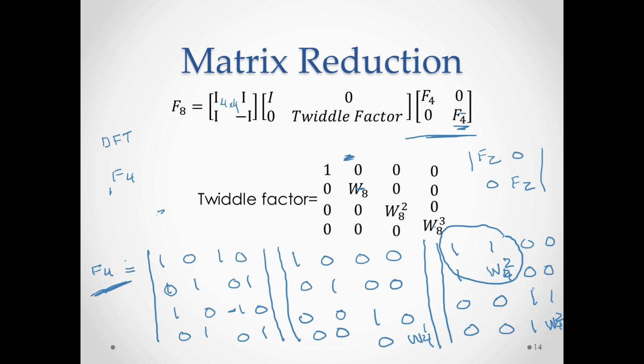Most of our multiplication over here is with 1 and 0. The only terms that introduce some complexity are the W8 terms. So most of our computation is reduced due to the use of identity matrices.